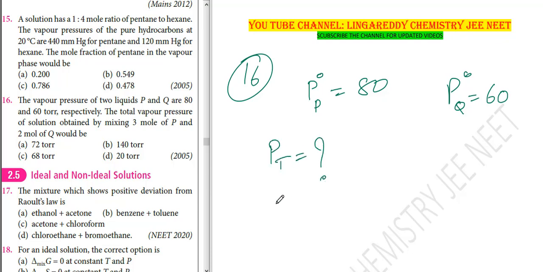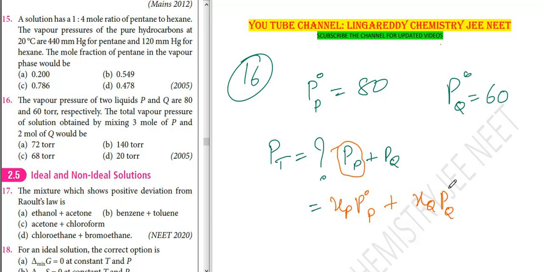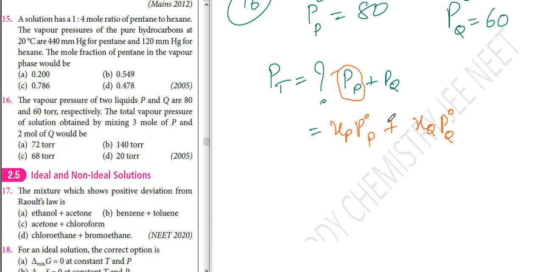We have to calculate P total, that means P total equals PP plus PQ, the partial pressures. That is XP, the mole fraction of P, into P naught P, plus the mole fraction of Q into P naught Q. This is the formula. P naught Q and P naught P are already given, and XP and XQ we have to calculate.